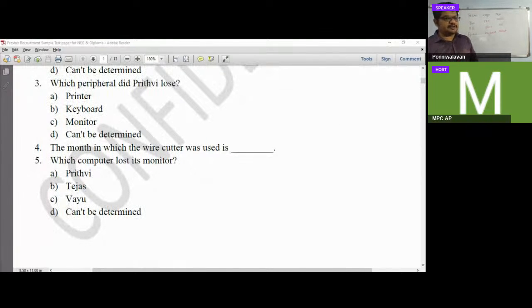Printer. The month in which the wire cutter was used? March. Which computer lost its monitor? Tejas. Now are you clear?